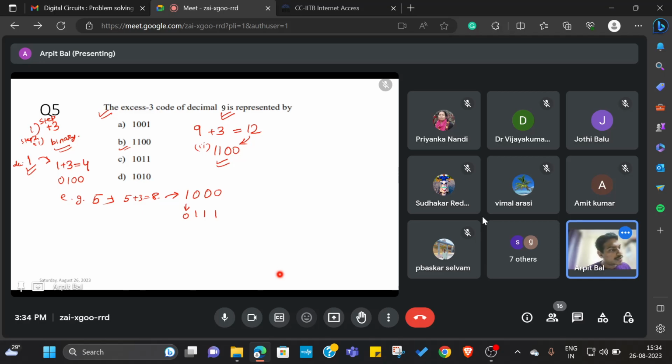Can anyone tell me 0 1 1 1 is the XS3 representation of which number? 4. Yep, so 0 1 1 1 is the XS3 representation of 4, and this is actually the nines complement of 5.